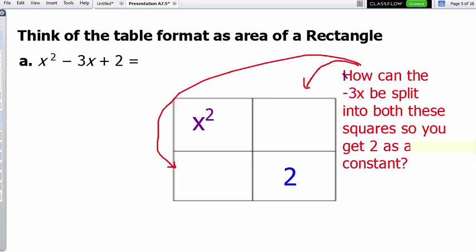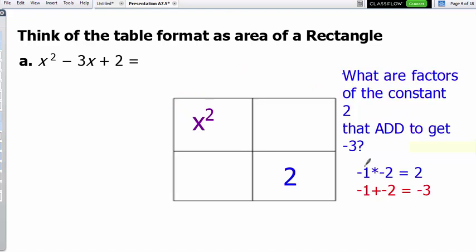And then we have this negative 3x. That negative 3 has to be split in between these two boxes. But how do we split it? We want to think about the constant and what two numbers multiply to get me this constant and add to get me this number, the negative 3.